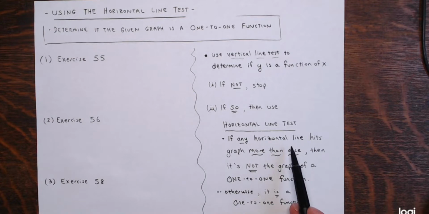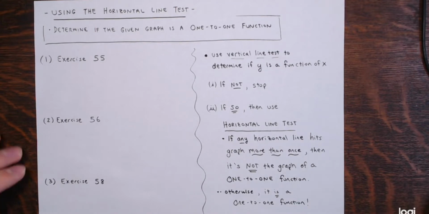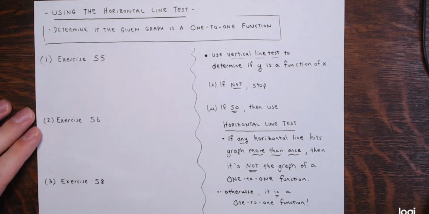And if a horizontal line hits the graph more than once, then that means there's an output that corresponds to more than one input. And if an output corresponds to more than one input, then the function can't be one-to-one. Again, in a one-to-one function, every output corresponds to exactly one input, just like every input should correspond to exactly one output, being a function and everything. So very similar to the vertical.